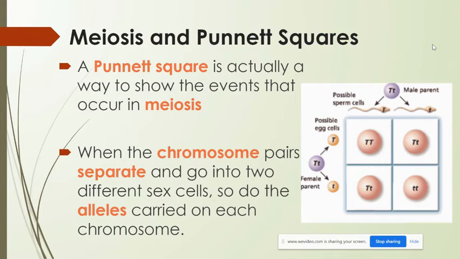So if you look at the picture, you can see the parent, and they each have a capital T and a lowercase t, so there's 2 different alleles. And then when you look at the possible egg cells and the possible sperm cells, they only get one of those alleles. So then when those cells combine through fertilization, you can see in that Punnett square the possible different outcomes based on those individual sex cells.